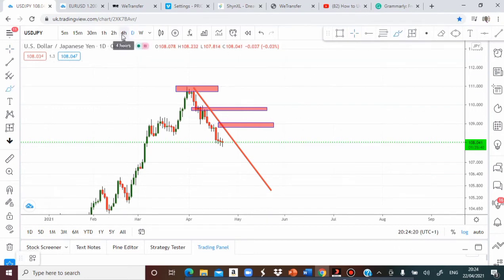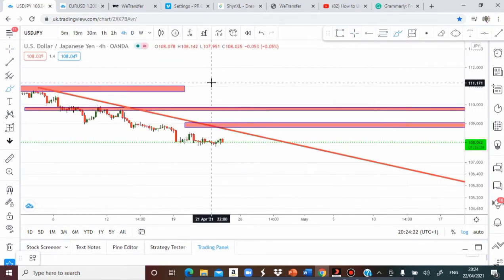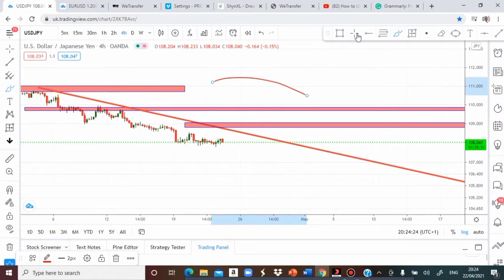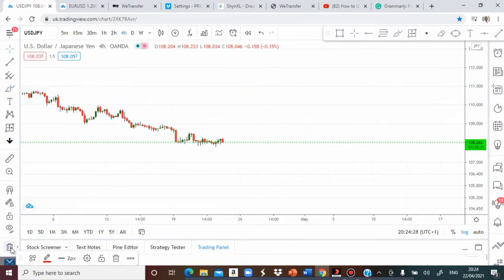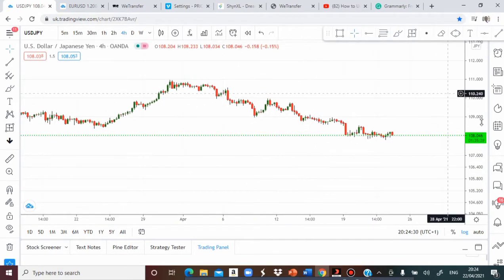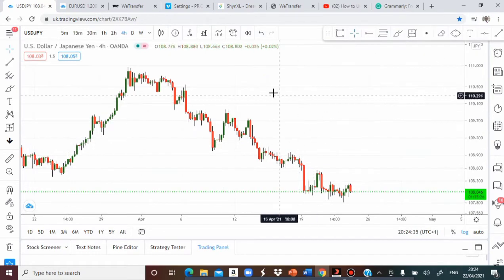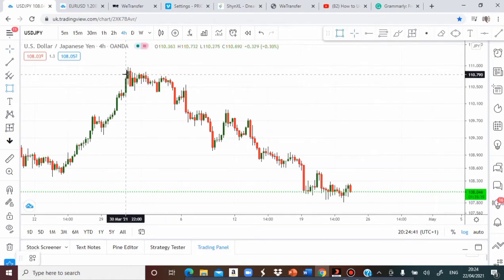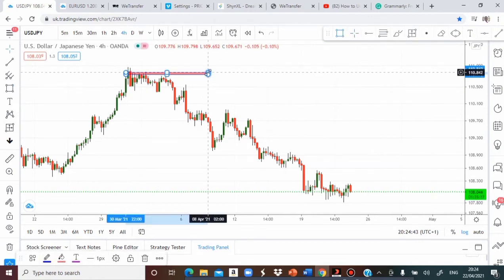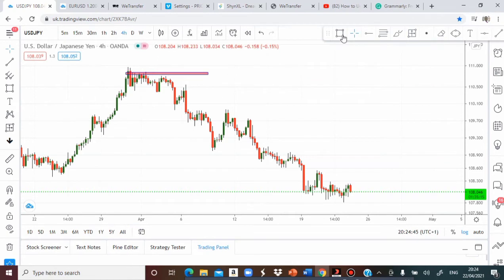If you look at the 4 hours time frame, it's going to show you the same structure, that the price has indeed formed a downtrend. Look at all these points. It's very clear.